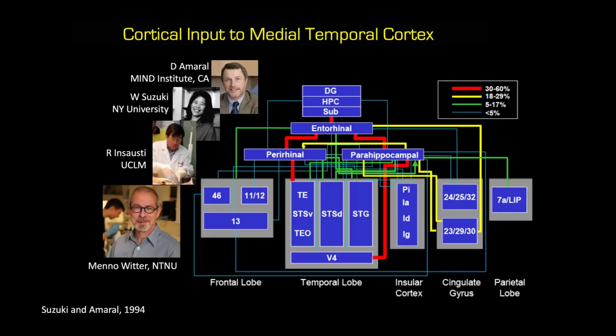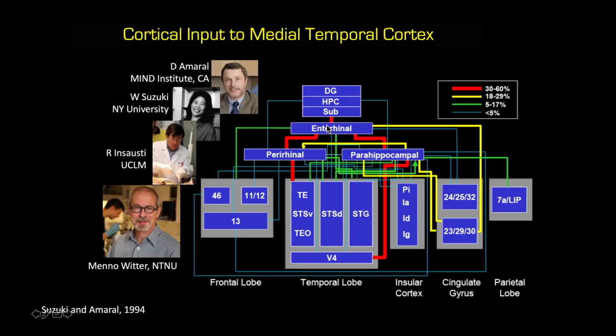But all these arrows were traced by Menno, Ricardo, Wendy Suzuki, and David Amaral. So all this summarizes not only the complexity, but also shows how all the information that is highly processed in cortex is funneled by the perirhinal and parahippocampal cortex into the entorhinal cortex and the hippocampus.